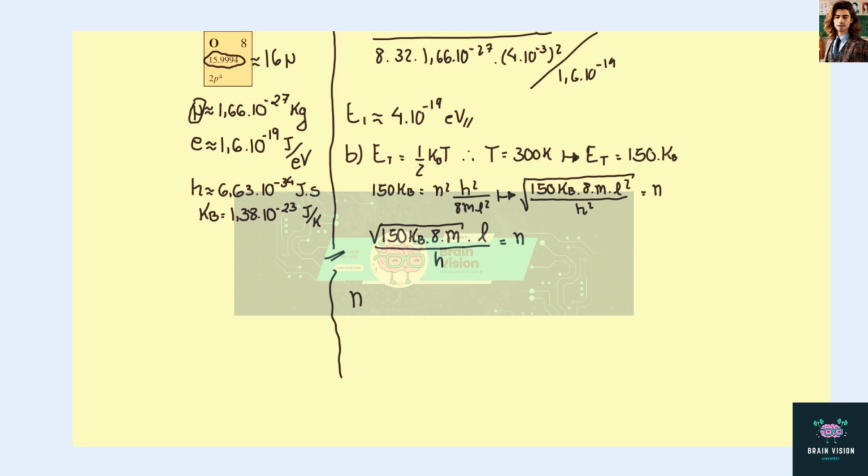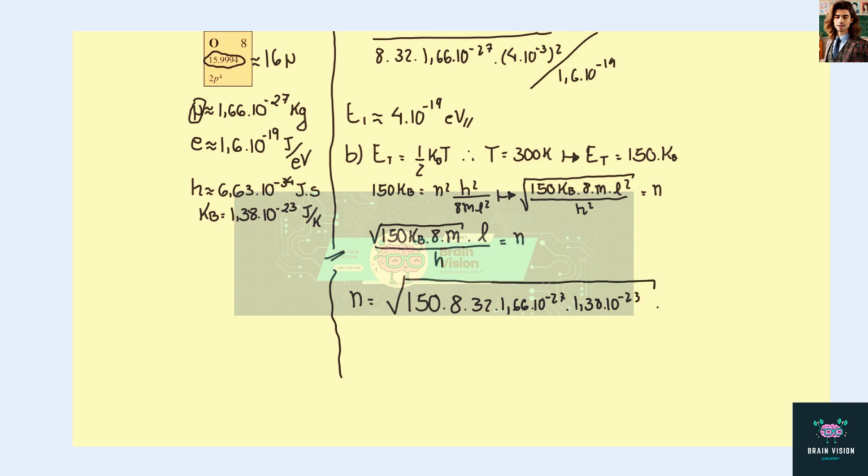Then n is equal to the square root of 150 times 8 times m. We had already seen that m is approximately 32 times mu, and mu is approximately 1.66 times 10 to the minus 27, and this is multiplied by Boltzmann's constant, which is 1.38 times 10 to the minus 23.